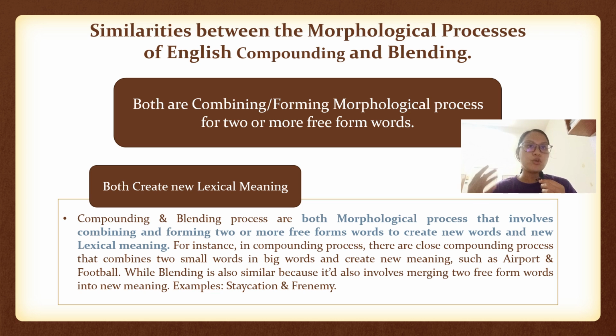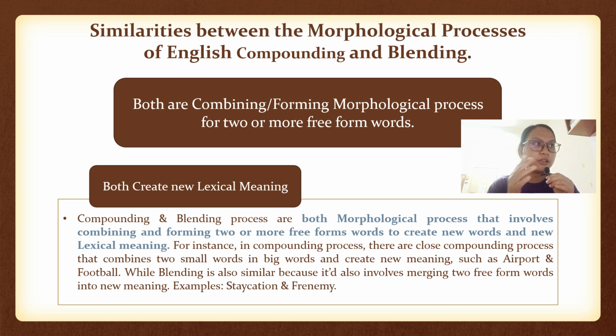If we combine air and port, it becomes airport and creates a new meaning, a place where planes land. The same goes for football. It is a combination of foot and ball. These two are free-form words that we combined in a closed form of the compounding process. It creates a new meaning for a sport.